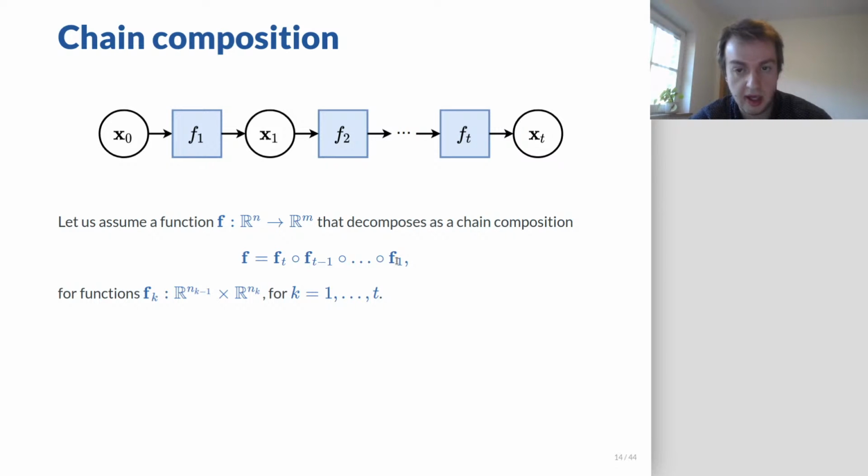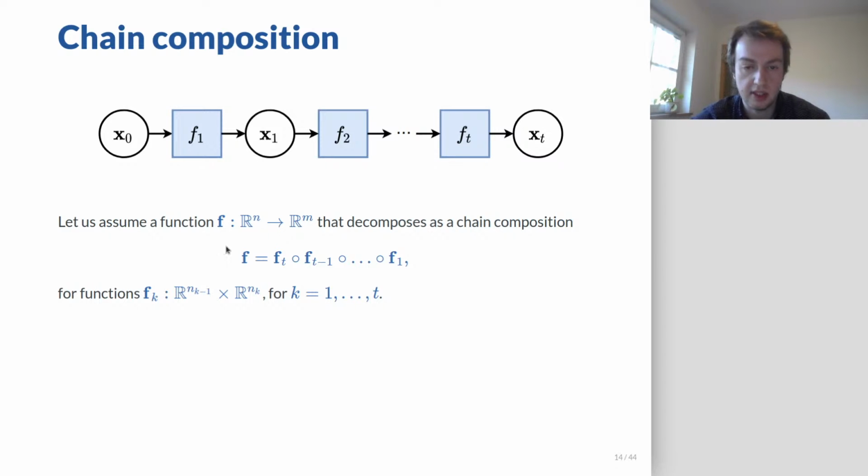We first apply the function f1 to the input x0, which produces some intermediate quantity x1, and then we put that as input to a second function f2, which produces again another intermediate quantity, and we repeat that a certain number of times until we've produced the quantity xt minus 1, which we feed to the last element of the composition, ft, and that produces the actual output xt of our function f.